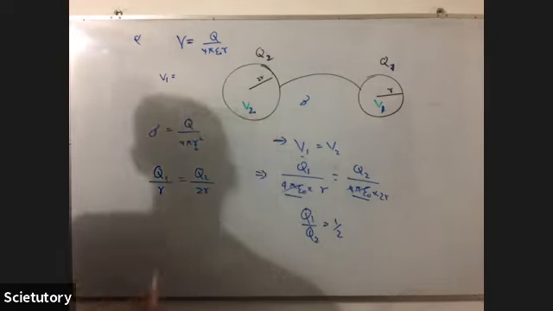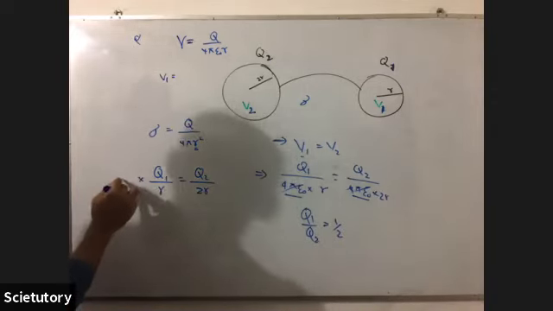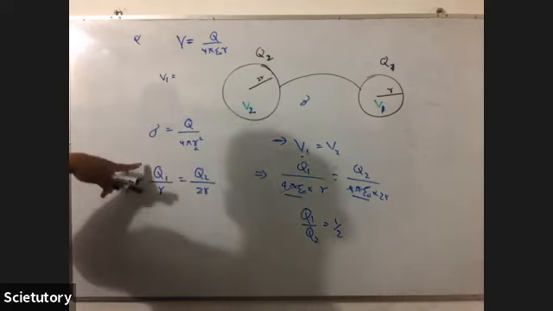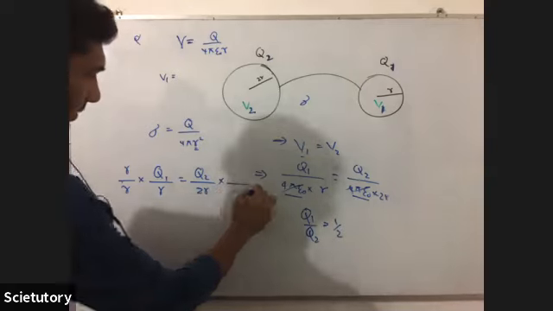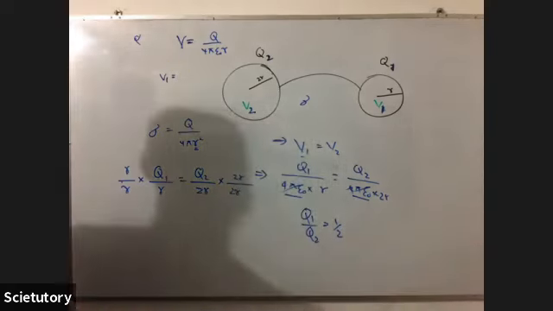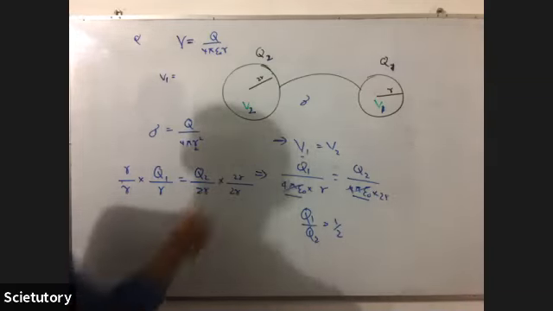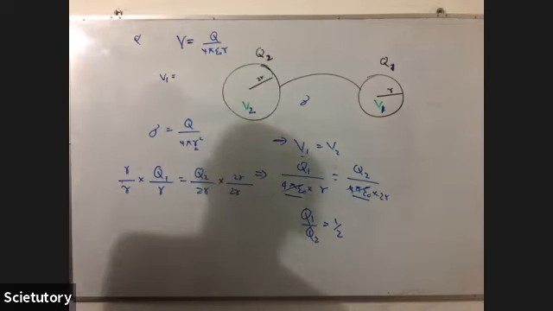Now I'm going to multiply the numerator and denominator by r here and by 2r here. So the equation remains balanced, still balanced, but you are just inserting something new here.